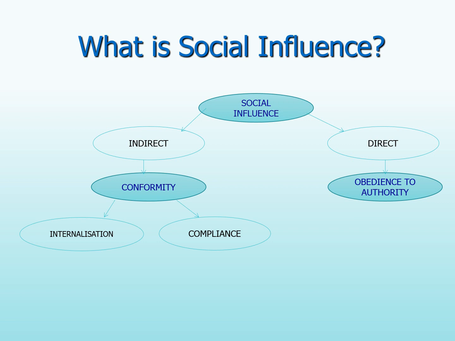We've also got identification, but internalisation and compliance lead to the following: informational social influence and normative social influence. Informational social influence can therefore lead to internalisation, and compliance is normally normative social influence. Informational: you conform because you want to be right; normative: you conform because you want to be liked, and this all links back together.